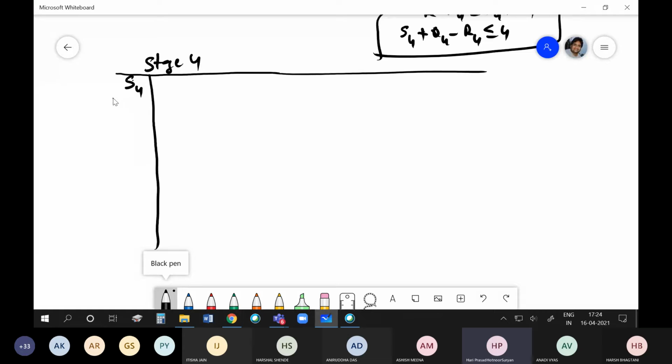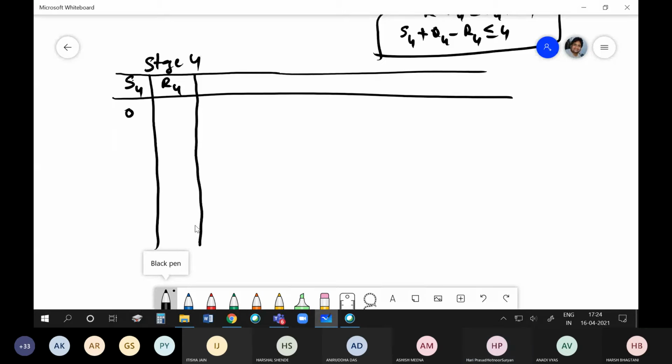If S4 is 0, that means at the beginning of the fourth season my storage is 0, what are the possible releases we can have? 0, 1, 2, because there are two units coming as inflow. So I can have a maximum of 2 units. I have an option to not release, or release 1, or 2.